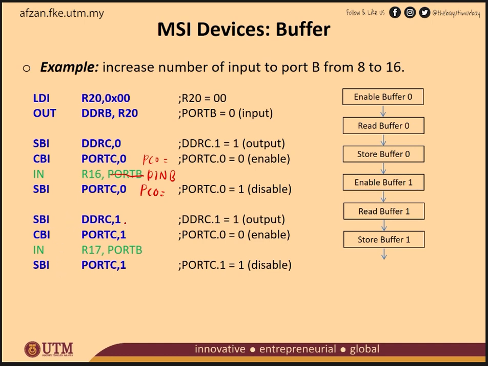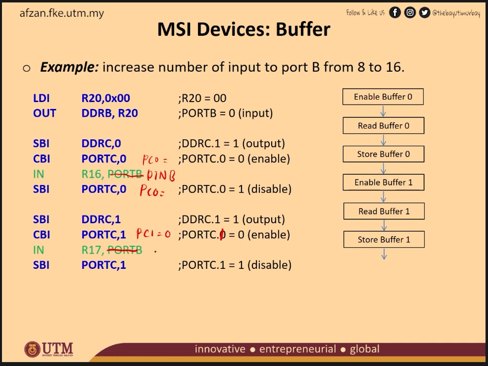How to do that? Initialize PC1 as output, and then you enable PC1 with 0. So you enable that one, and then you read the value.